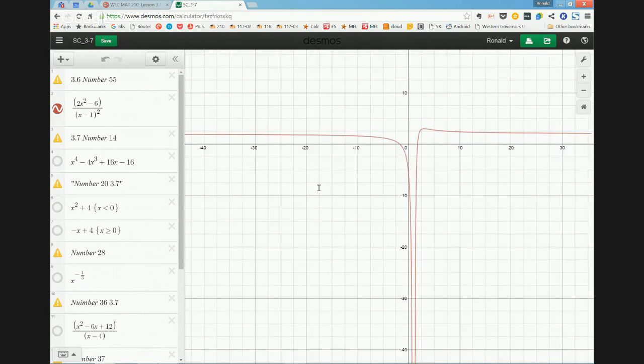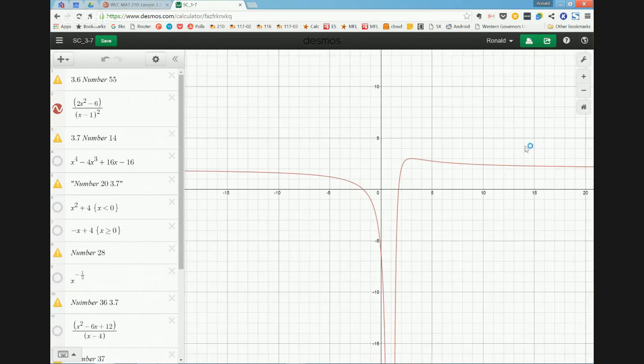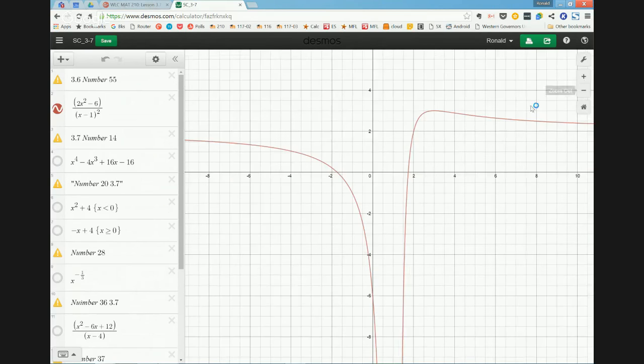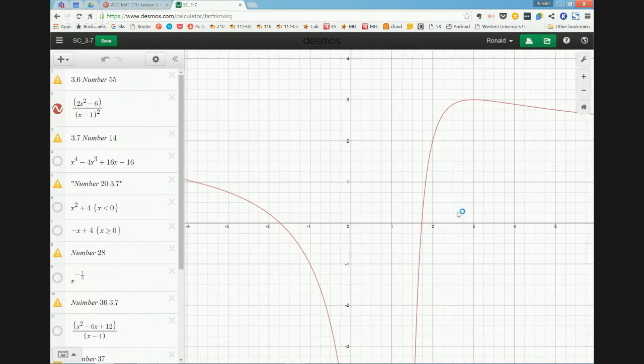First of all, you can't tell exactly where it is, but you can see there's a vertical asymptote in here. I'm going to zoom in more so we can find coordinate points a little bit better.